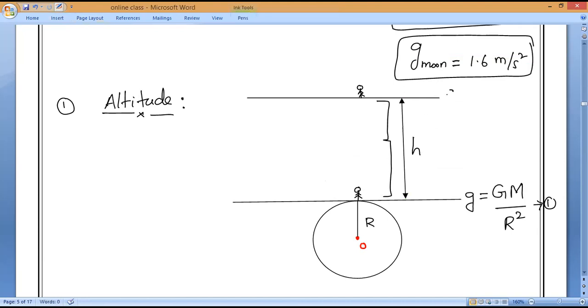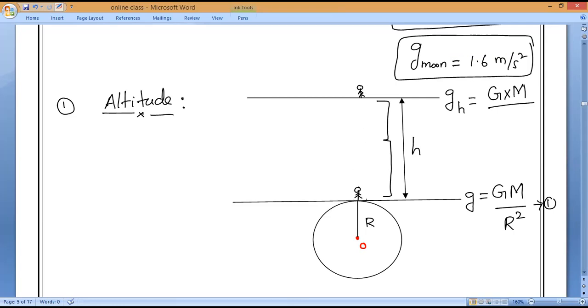So if we take the gravitational force above a particular height, what will happen? Capital G into capital M divided by, now you can see, everybody, before it was only R. Now for R, what is added? Distance between the objects.